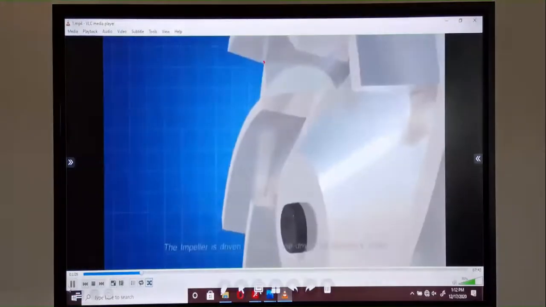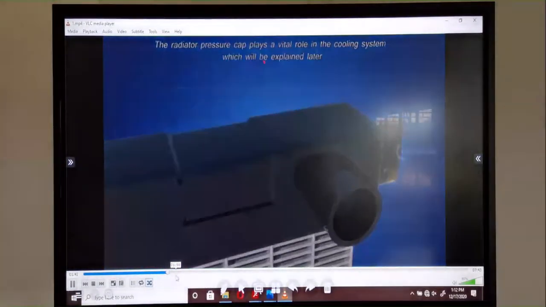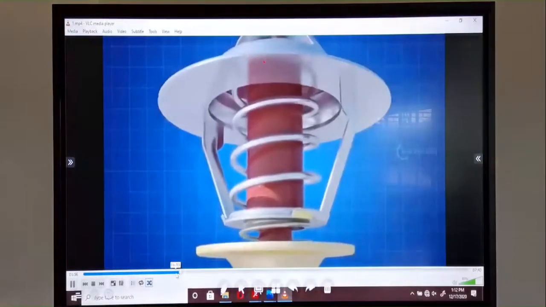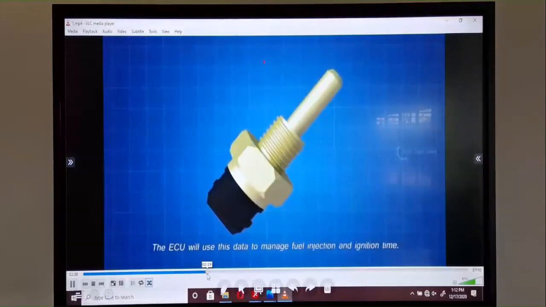This is the water pump and radiator. Here, the thermostat valve and the temperature sensor.